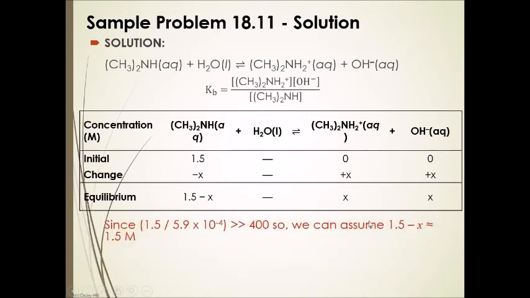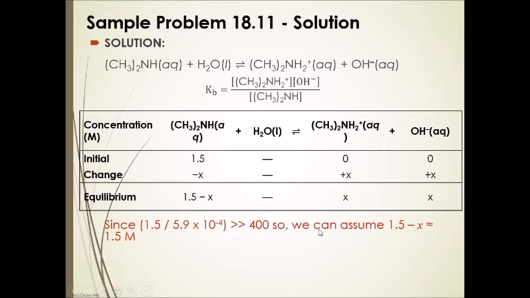Alright. Okay, now we make an assumption to make the calculation easier. However, we need to check whether the assumption is valid or not. How to check it? Easy. Take the initial concentration, divide by the Kb value. If the answer here is larger than 400, we can assume 1.5 minus X equals 1.5, because X is so small.